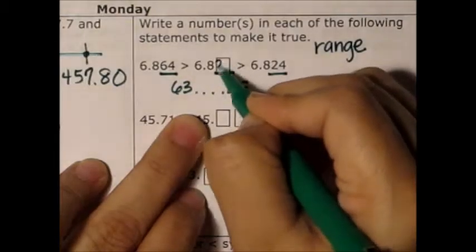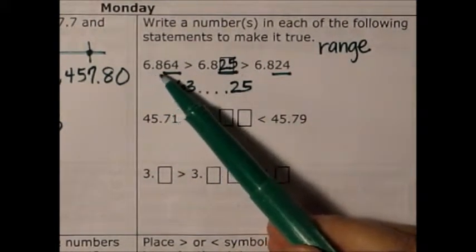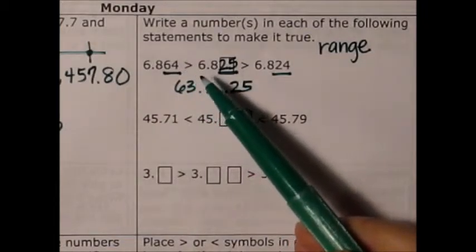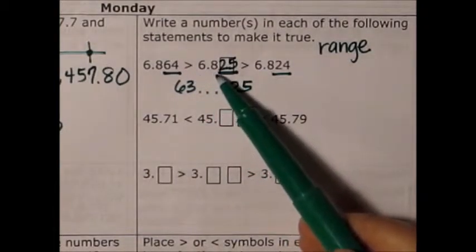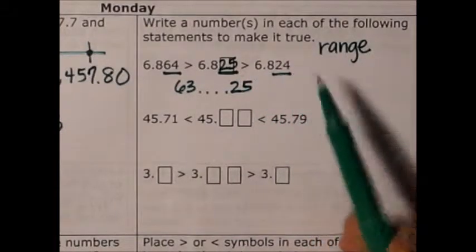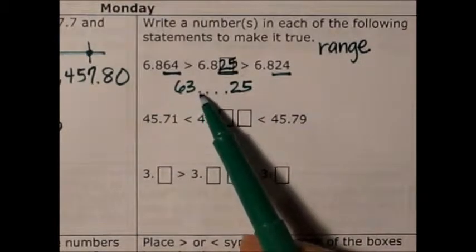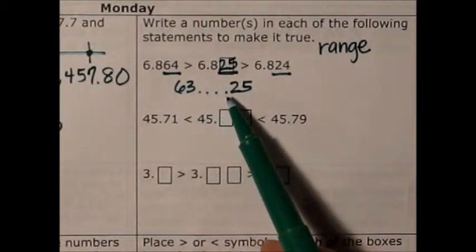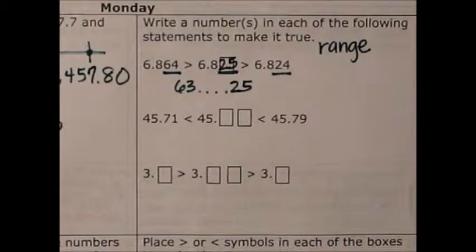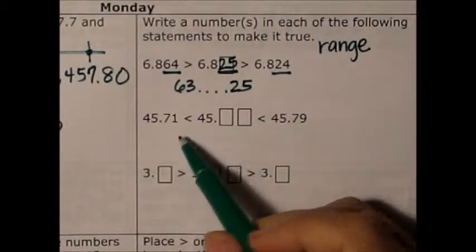I'll just put 25 there, and then we can read it back. So 6 and 864 thousandths is greater than 6 and 825 thousandths, which is greater than 6 and 824. But any number in between, 63, 62, 61, 60, all the way down to 25, would make that a true statement. So let's go to the next one.